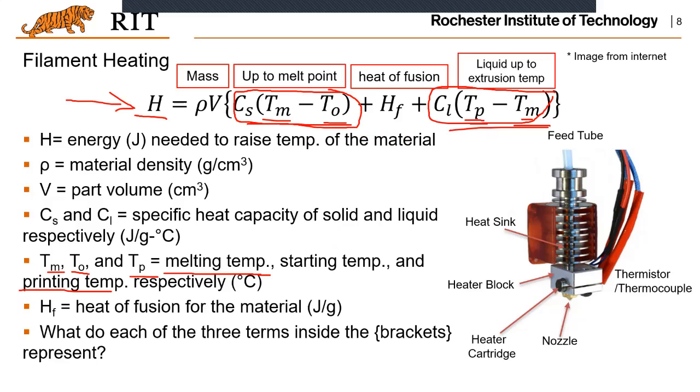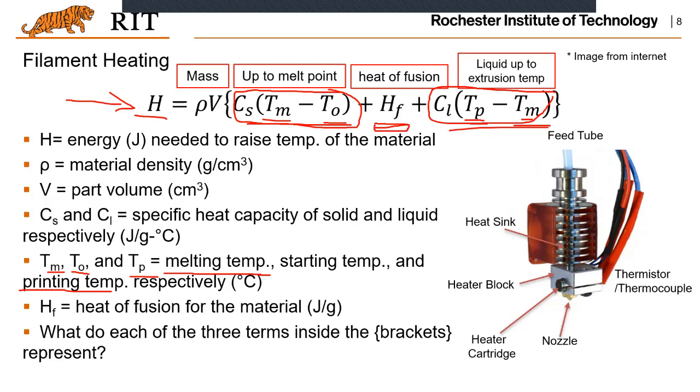And besides these two, there is another term, HF, and that is the heat of fusion. So during the printing process, there will be some heat required for the fusion of the material, and this part needs to be considered as well.